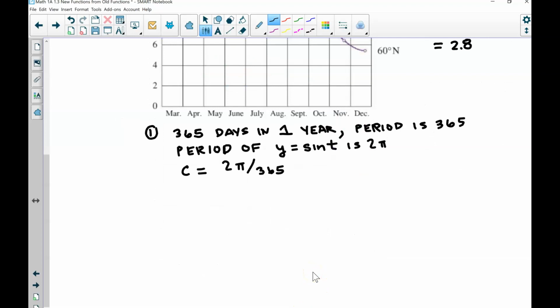Now we also notice that the curve begins its cycle on March 21st. So on March 21st, that would be the 80th day of the year.